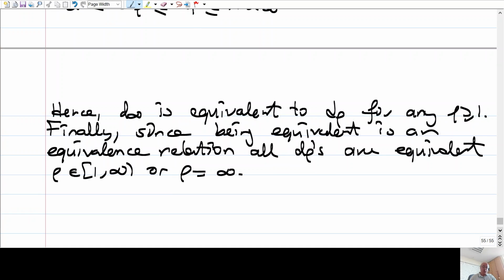Well, you may wonder why we defined equivalent metrics. The reason is the following. Many properties of metrics, or many concepts related to metric spaces, don't change if you replace the metric with an equivalent one.